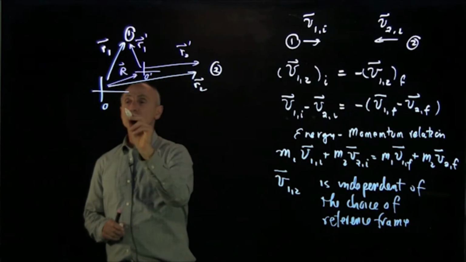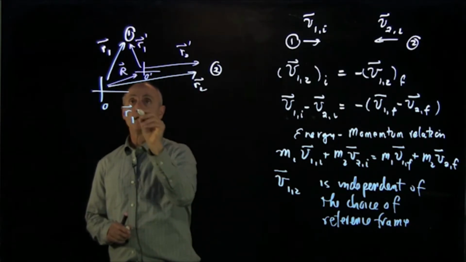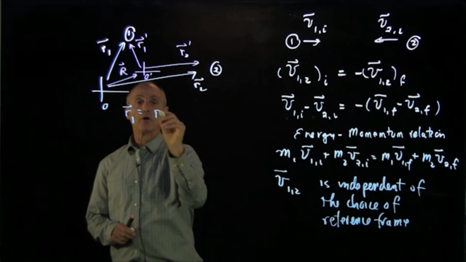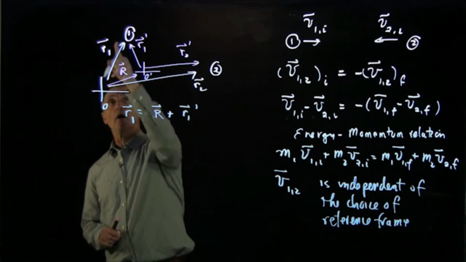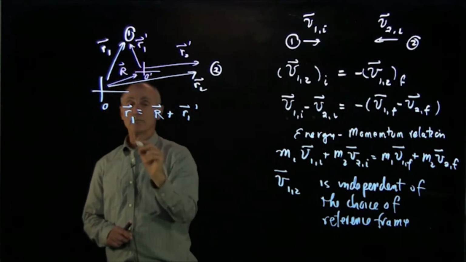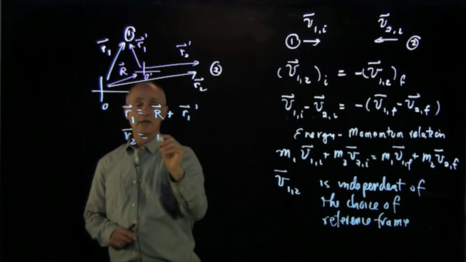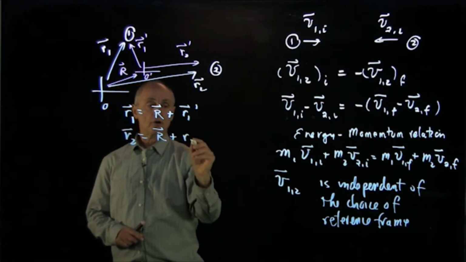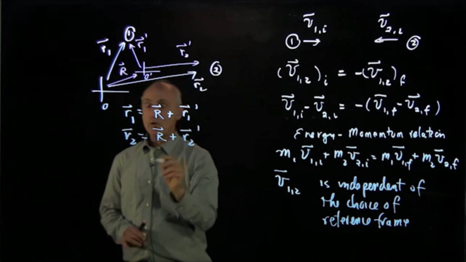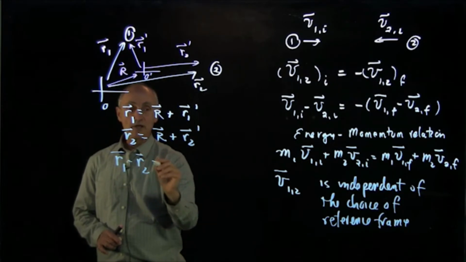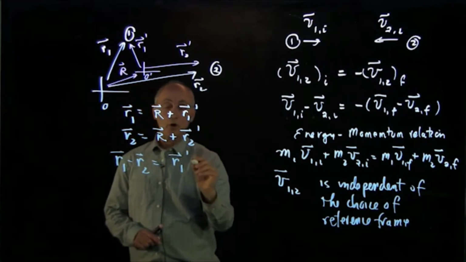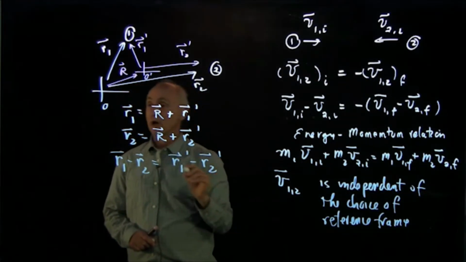So what we have are the two conditions that R1 is equal to capital R plus R1 prime, and R2 is capital R plus R2 prime. And now, if we subtract these two equations, we have R1 minus R2 equals R1 prime minus R2 prime.